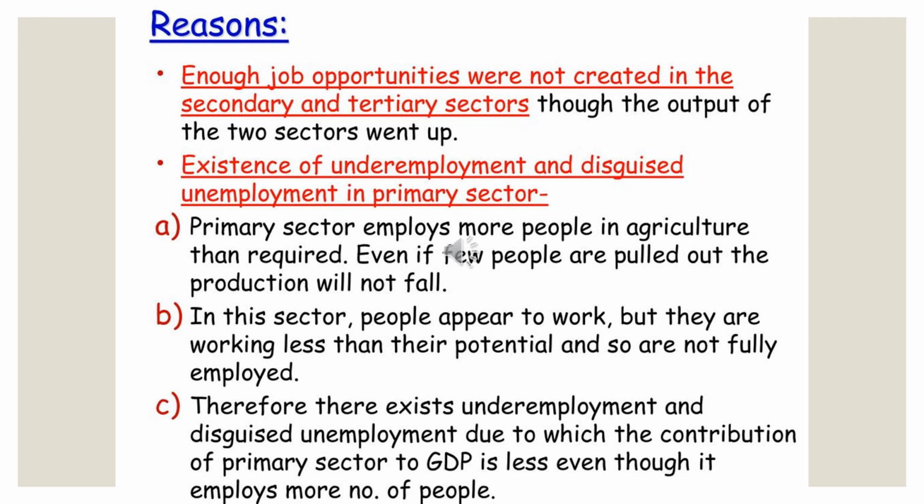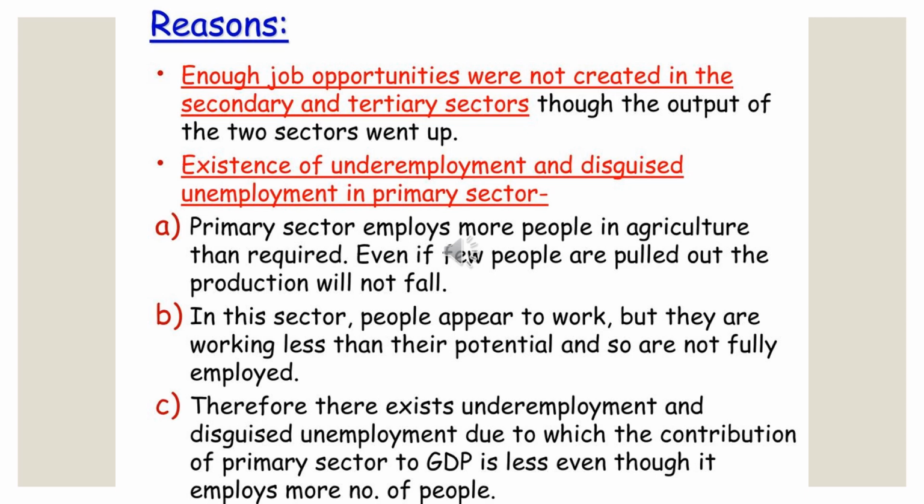I'll just give you a very simple example. If 8 people are involved in a particular farm and only 5 are needed, 3 are disguisedly unemployed, they are underemployed. They may be appearing to be employed, but if those 3 people are pulled out, production will not suffer. 8 people are doing the work of 5 people. If 5 people do the work, the output will be the same.